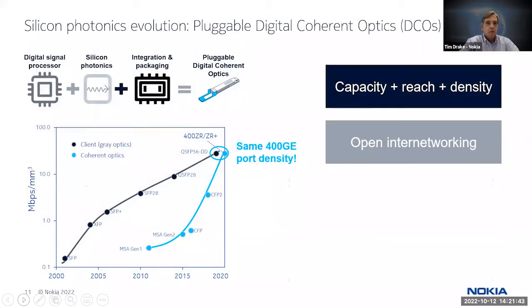So we'll go back to 2000, SFPs, 10 meg, and what we're at now is at an inflection point. The 400 gig ZR plus really has the same port density as the QSFP 56, the standard 400 gig data center interconnect.